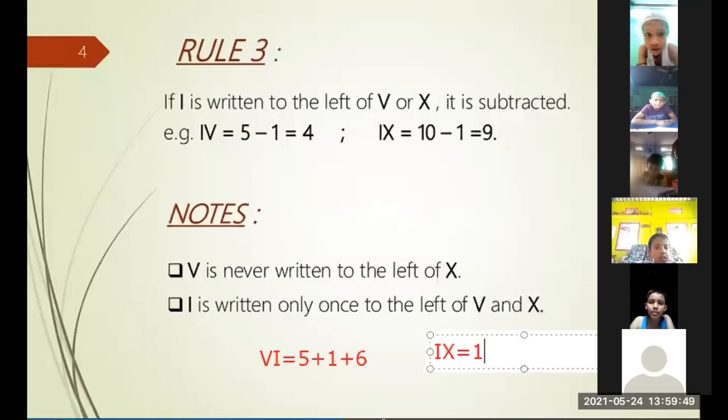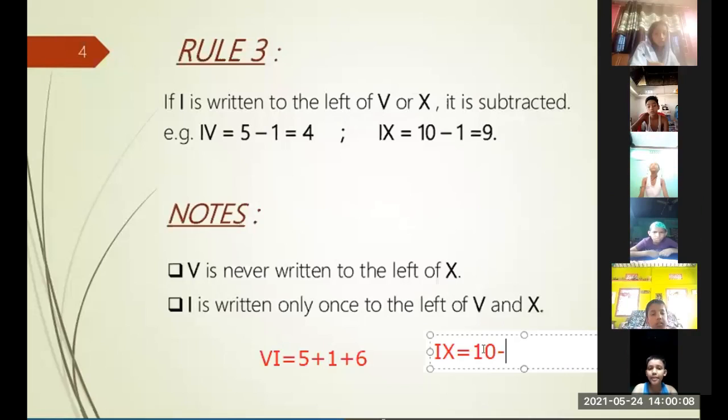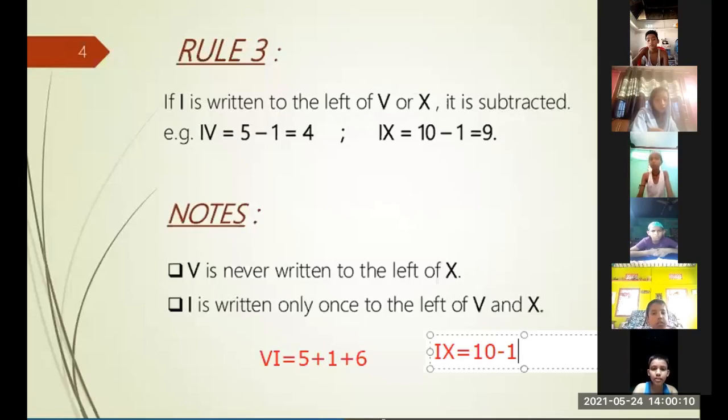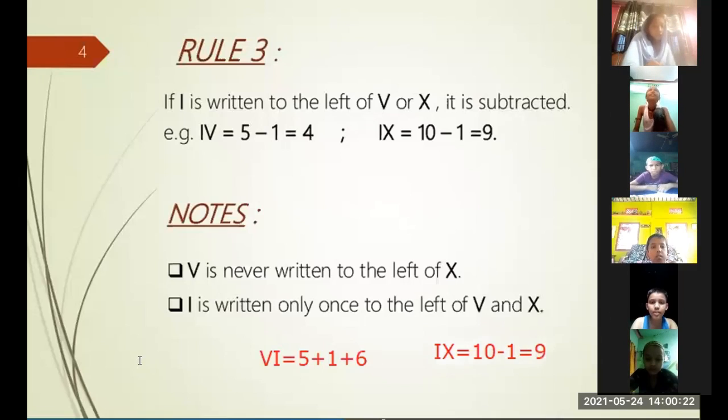That is X value is 10 minus, because rule number 3 says that whenever we write I on the left side of X, that time we will subtract. So 10 minus I value is 1. And what is the result? 9. So IX is equal to 9. Correct. Very good.